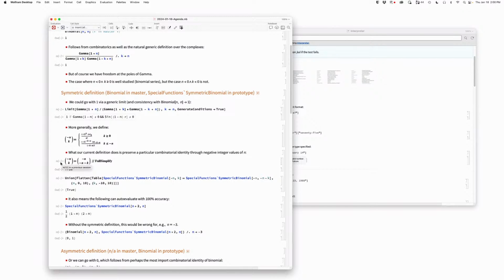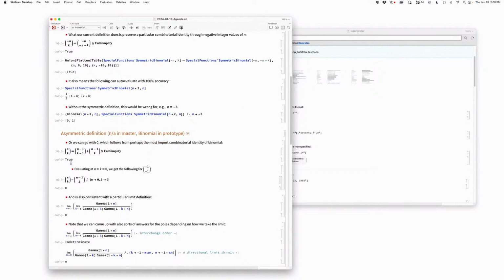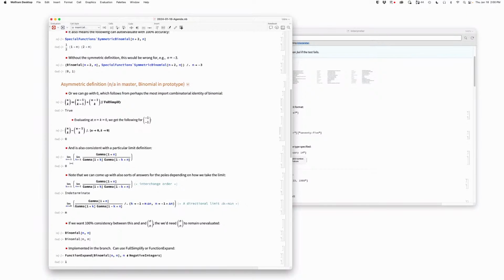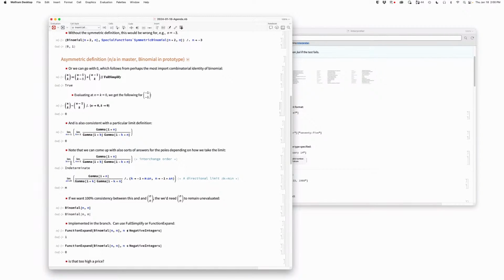And basically Don Knuth's biggest complaint, which I think is correct, is, if you scroll down to the asymmetric definition, that defining it to be 1 instead of 0 is consistent with various other ways of looking at the problem, but it violates the Pascal identity. That's the second equation in the asymmetric question, right?